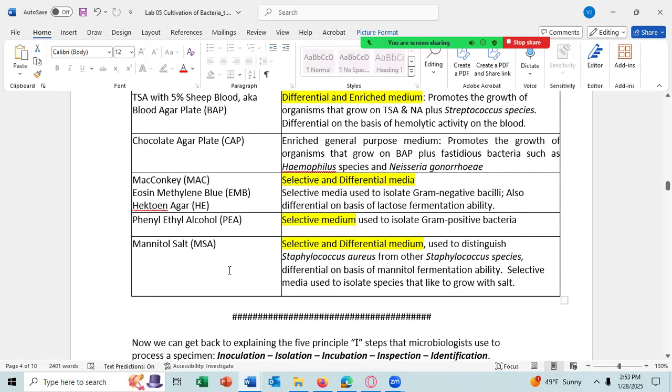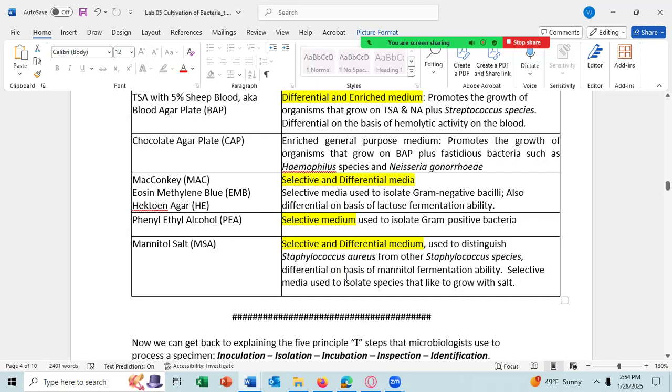It is also differential because you can differentiate the growth on the plate into those that can ferment the sugar mannitol. They will turn yellowish around the plate, meaning a yellow halo around the growth or around the colony. And those that cannot ferment the sugar mannitol will be the normal color of the plate, which is pinkish.